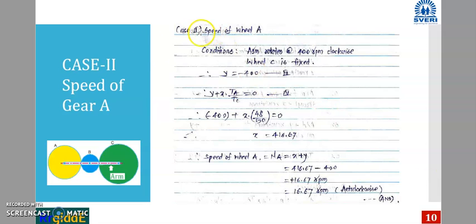Then case number 2, speed of wheel A. Conditions: arm rotates at 400 rpm clockwise as it is, wheel C is fixed. So total motion of arm, that is y is equal to minus 400, this is equation number 3, and total motion of C is equal to 0 as wheel C is fixed.